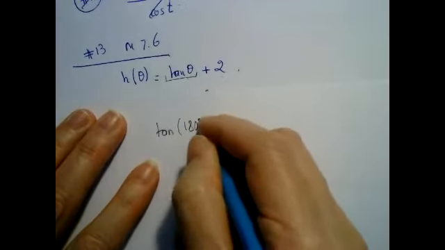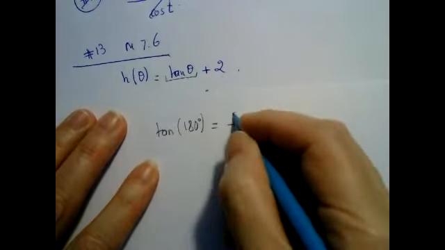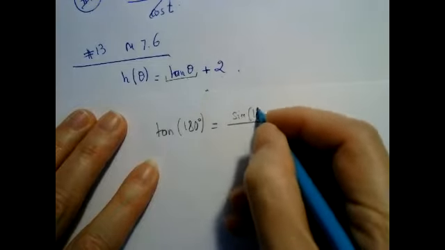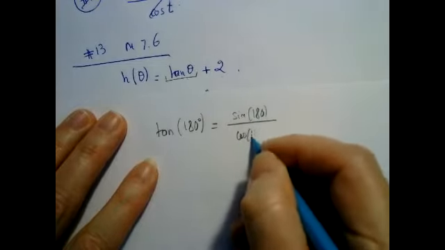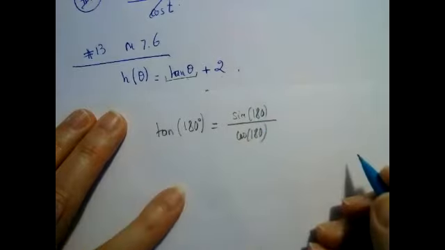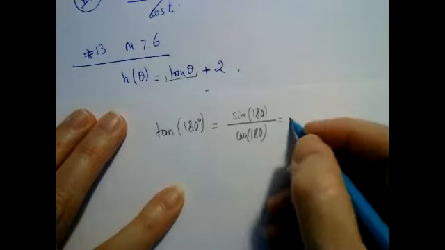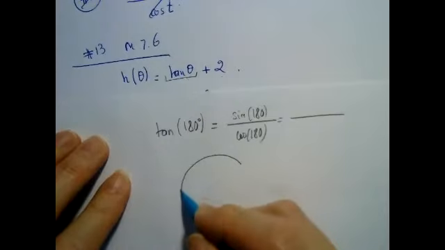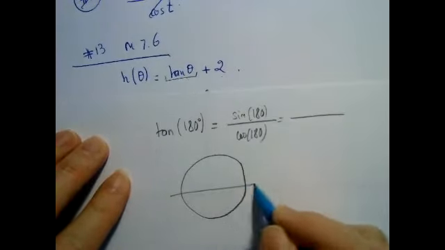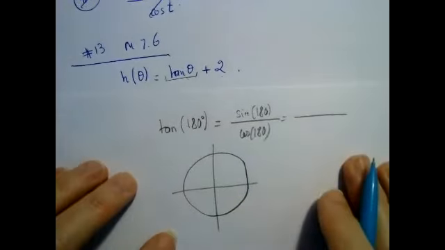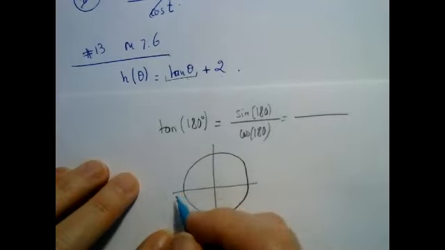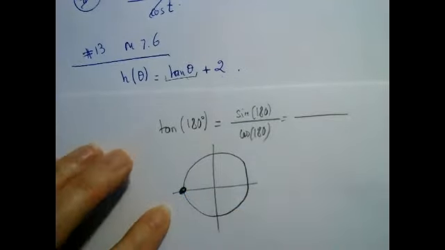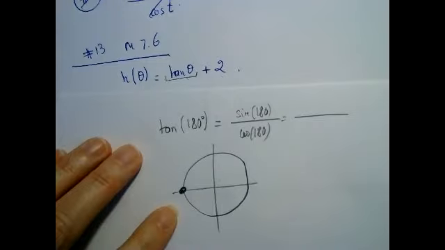Tangent 180 is the sine of 180 over the cosine of 180, right? What's the sine of 180? This is my unit circle. 180 is up here. What's the sine of it?